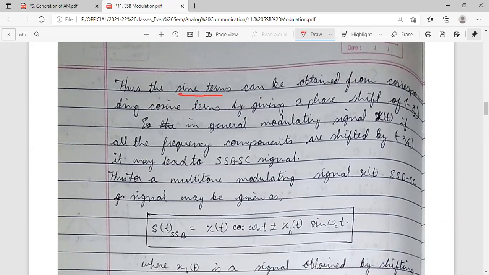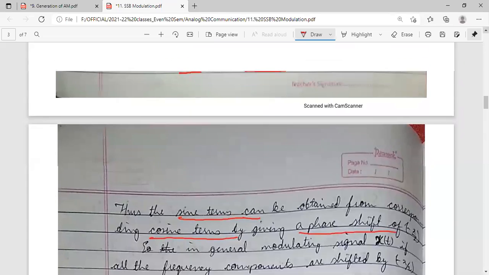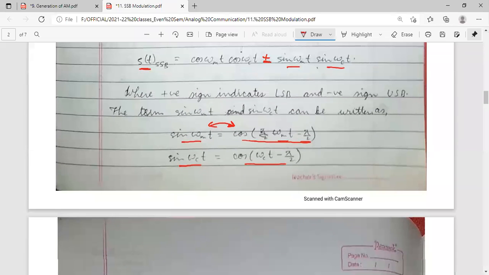The sine terms we got can be written in the form of cosine terms by giving a phase shift of −π/2. Whatever the phase is here, ωmt, it is shifted by −π/2. So sin ωmt can be written in terms of cos by giving a π/2 phase shift.